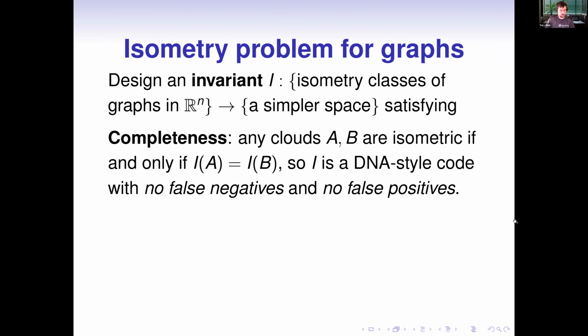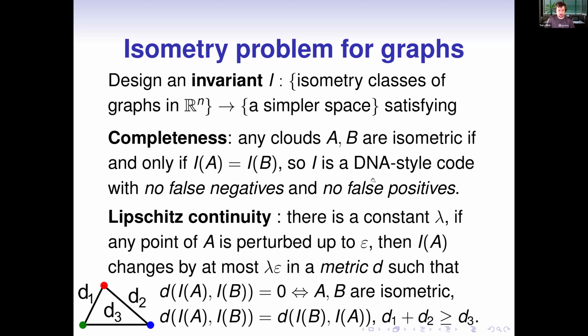So then for the graphs, because this is how we model the molecules, our problem is to design such a complete invariant that goes from the graphs to some simple space.